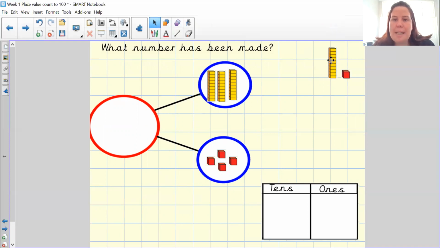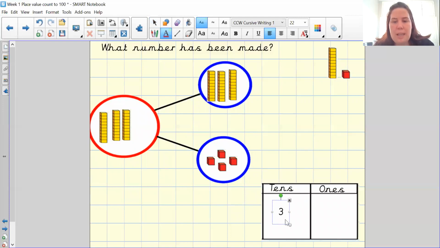I'm now going to go ahead and solve it. So I'm going to move my tens into my whole, and I have 3 tens. And I can write that into my place value grid to begin with, because that'll make it a lot easier for me. And I'm going to write 30 next door to it as well. And I'm also going to put my plus sign in the middle. And how many ones? 1, 2, 3, 4. So I'm going to put 4.